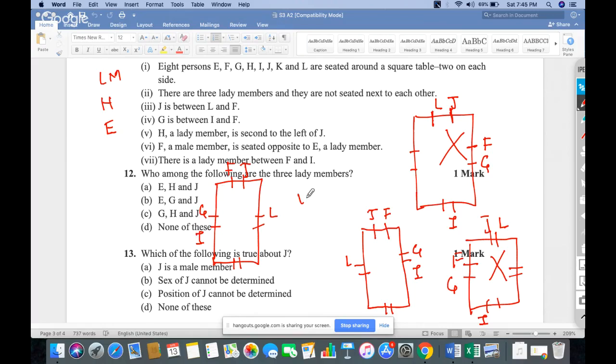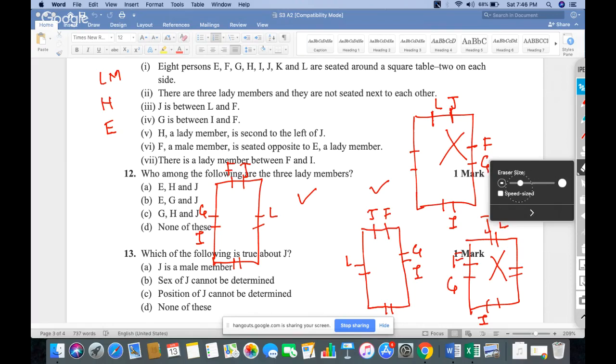So I have only two cases left out, this and this, which tells me that if J is here, so what is opposite to J? Let me read it once more. H is a, no, did I read something wrong? H is a lady member which is sitting second to the left of J. So I perhaps read the wrong thing. 1 second, guys.